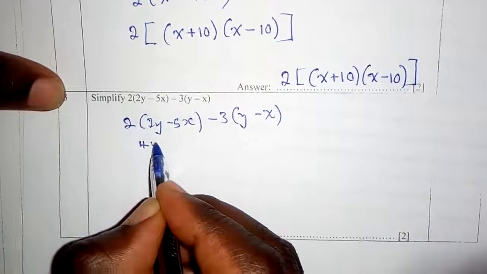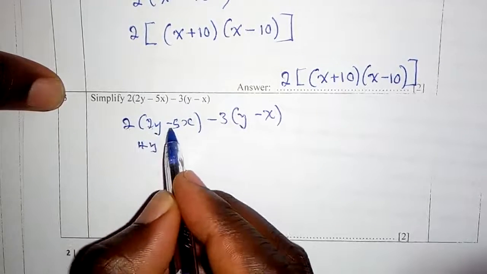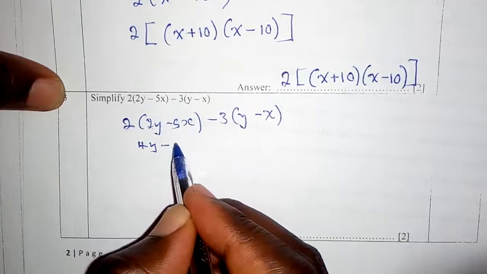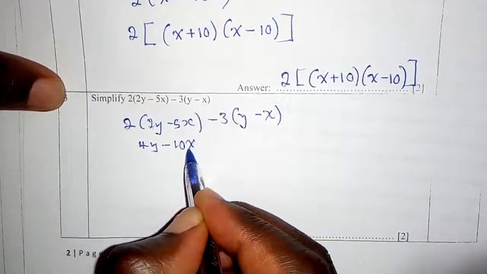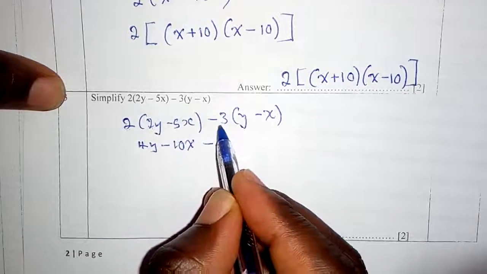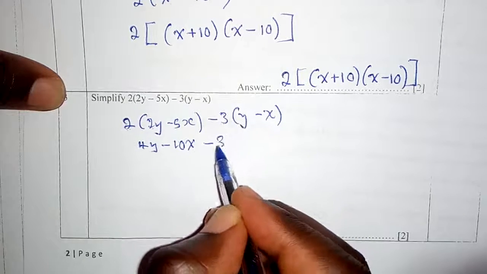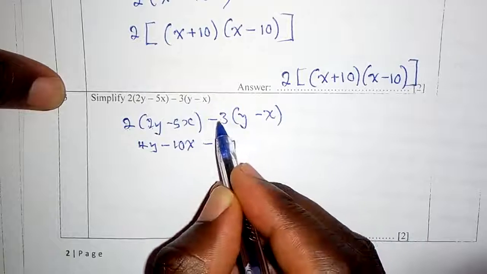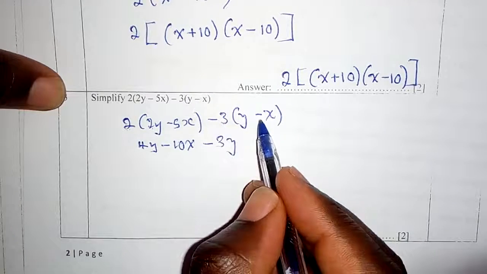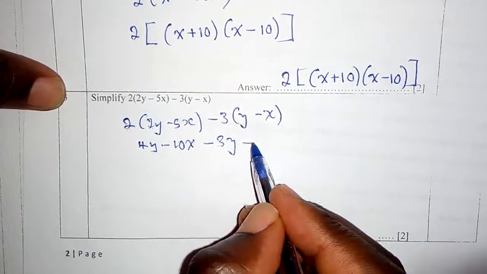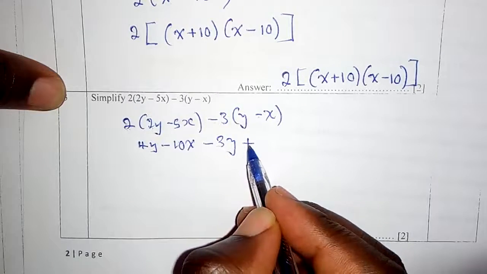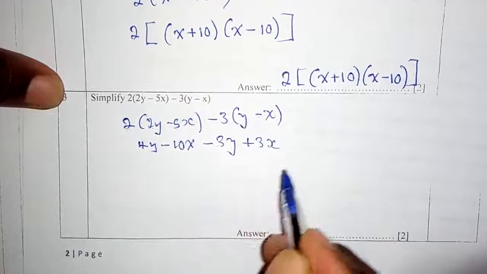So here it will look like this. 2 by negative 5x, it will be negative 10x. This negative 3 by y, it will be negative 3y. Negative 3 by negative x, it will be positive 3x.